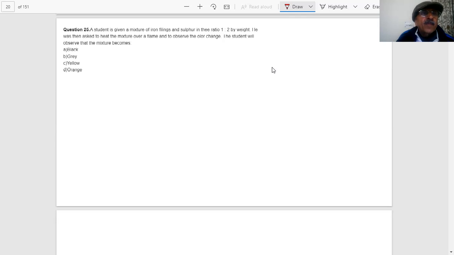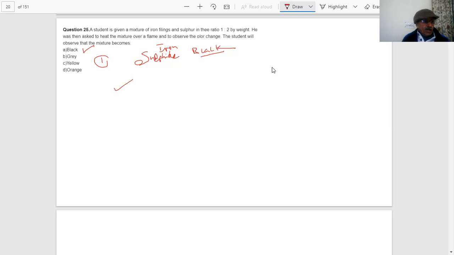Black? Yes, sir. Okay. Iron will form a compound with sulfur, and that compound is a sulfide of iron. Iron sulfide is what color? Black in color. Okay, that is the correct answer, students.